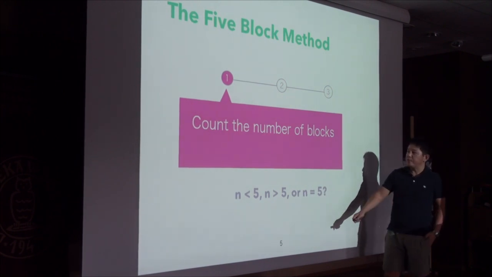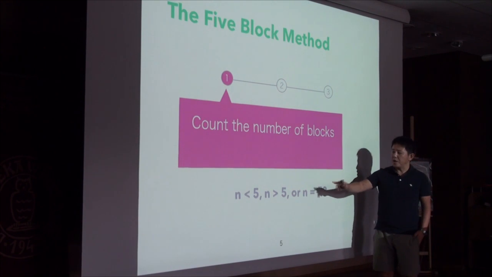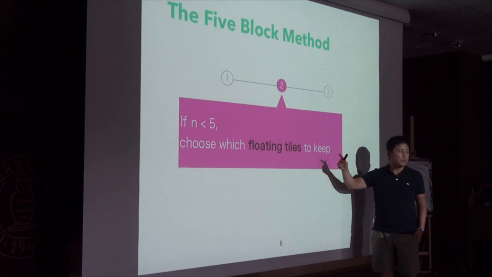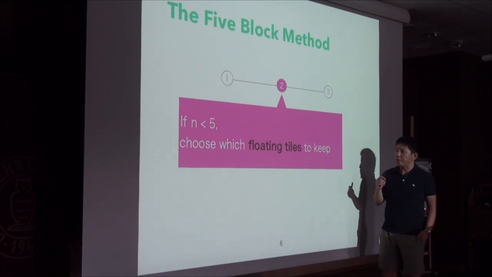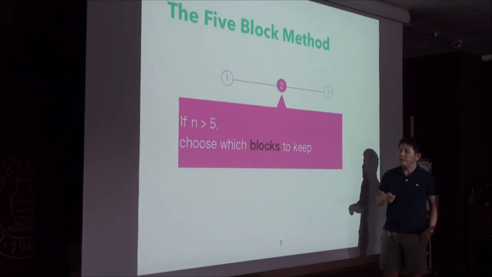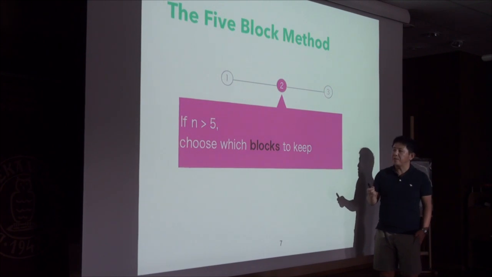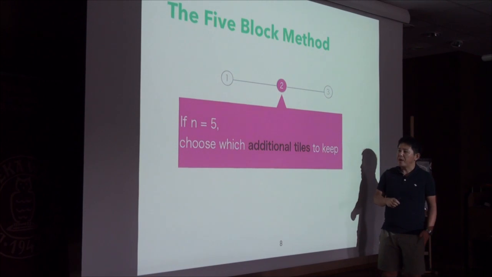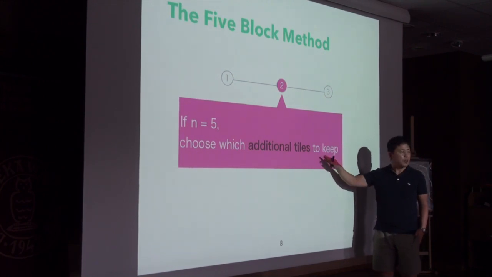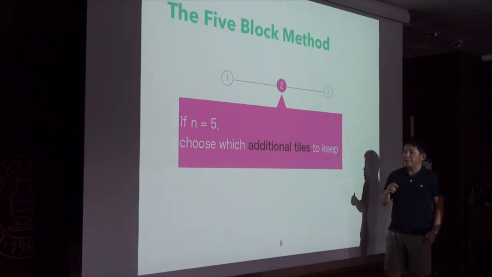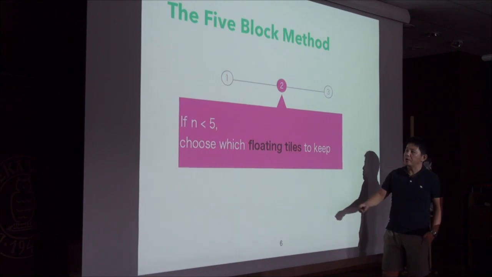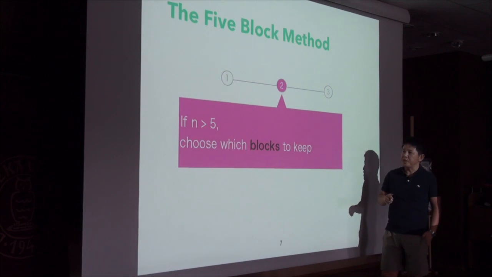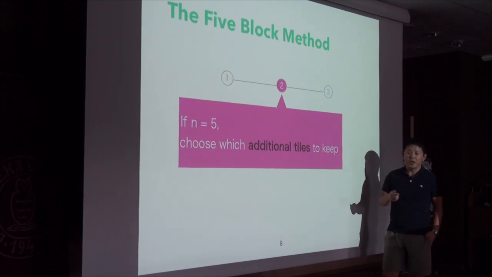When the number of blocks is 4 or fewer, then step 2 involves choosing which floating tiles to keep. When the number of blocks is greater than 5, then you're going to have to choose which blocks to keep. When n is 5, then step 2 involves choosing which additional tiles to keep.